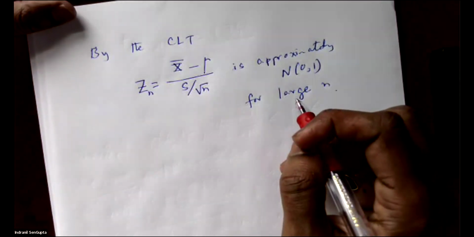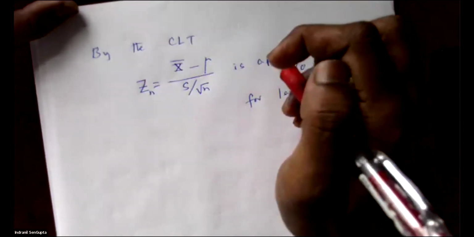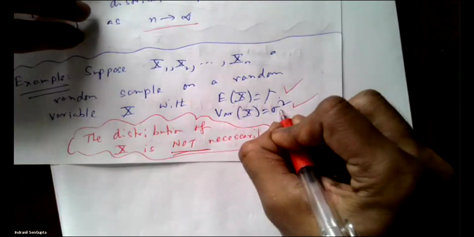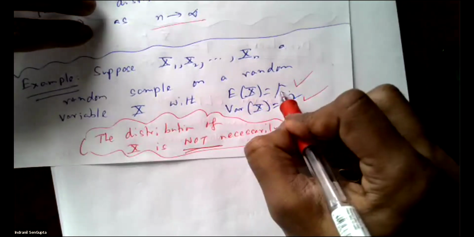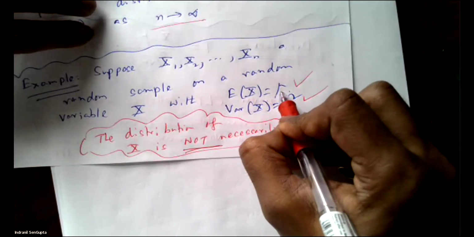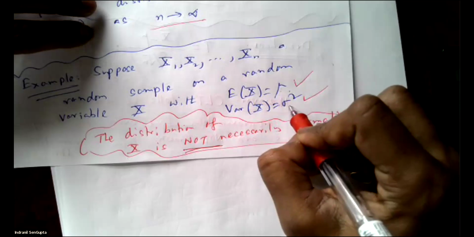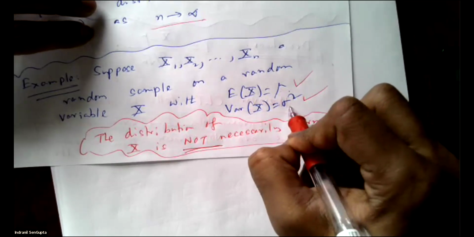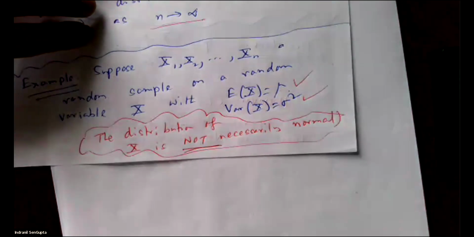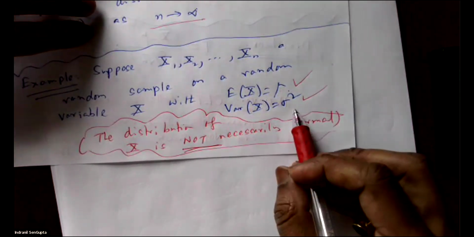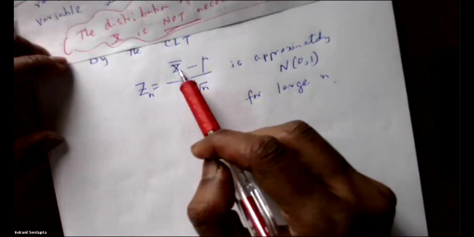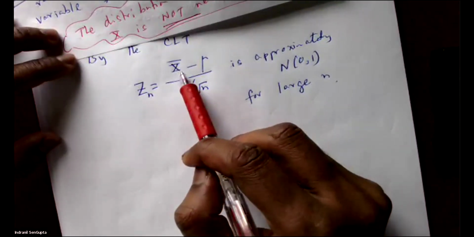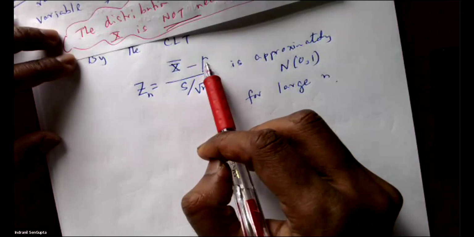What we're estimating is sigma squared as the variance and mu as the expected value. An estimator for mu is x bar, and an estimator for sigma squared is s squared, something we have seen before. So what we are doing here is the following: we started with x bar, and we subtracted this mu.